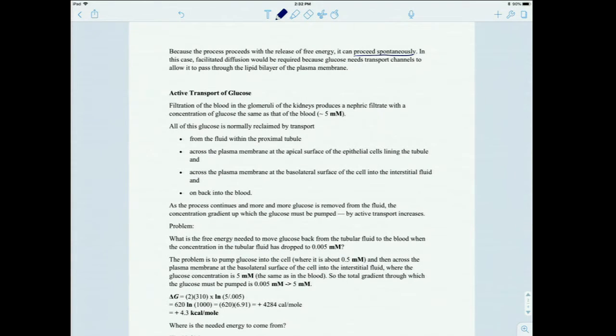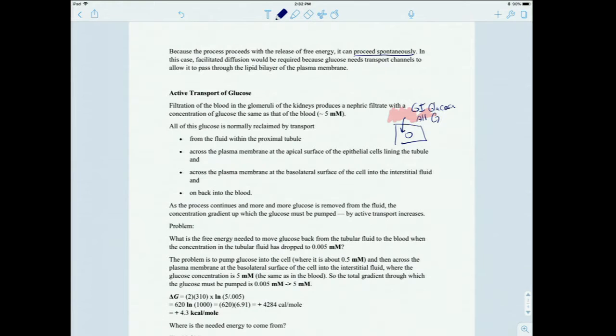So if I were to have a cell, okay, and this cell's job is to absorb glucose or take up glucose, and suppose this is my GI out here. Okay, there's my GI glucose. And I want to get all glucose or almost all glucose out of here, and I need to move it into the cell.